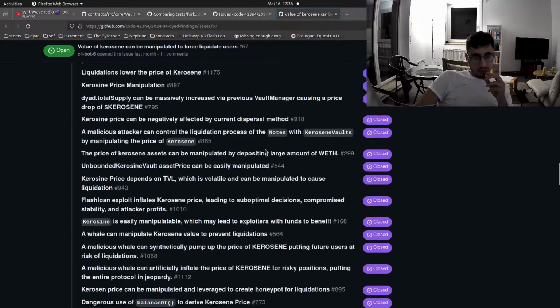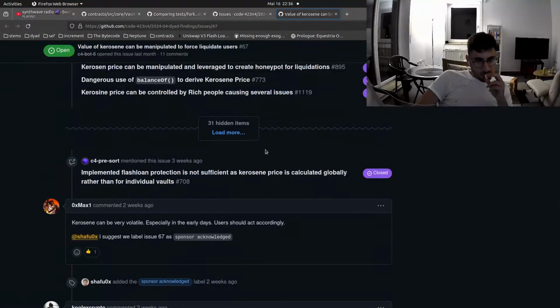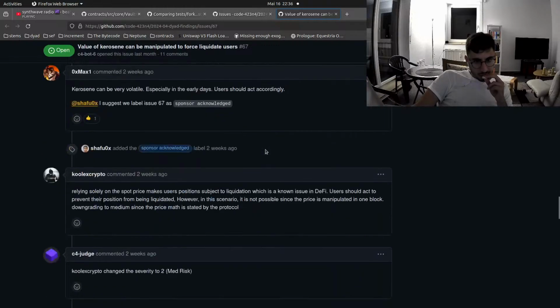They're using a trap mechanism. Relying solely on the spot price.